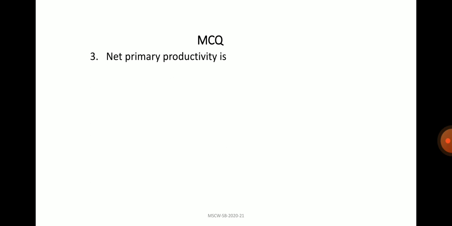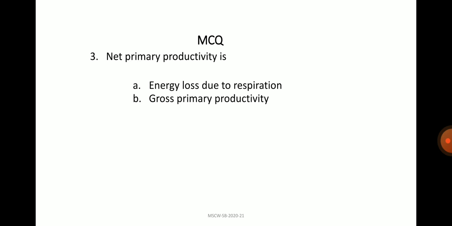Next question, the net primary productivity is: option A, energy loss due to respiration, B, gross primary productivity, C is A minus B, and D is B minus A. The answer being option D, B minus A, that is the gross primary productivity minus the energy loss due to respiration is equal to the net primary productivity.